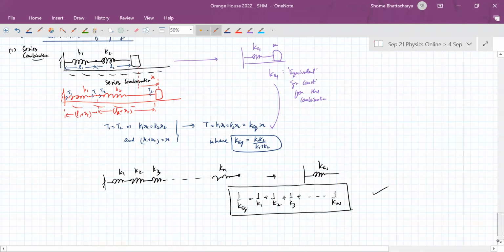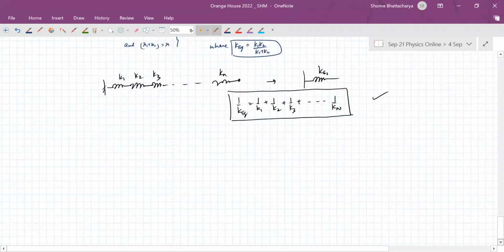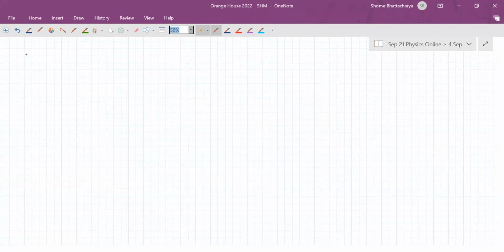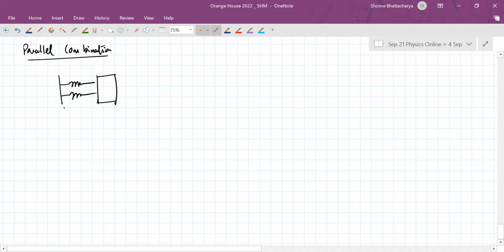Okay, now next, let's understand the parallel combination. So in parallel combination, one way of connecting it would be like this.